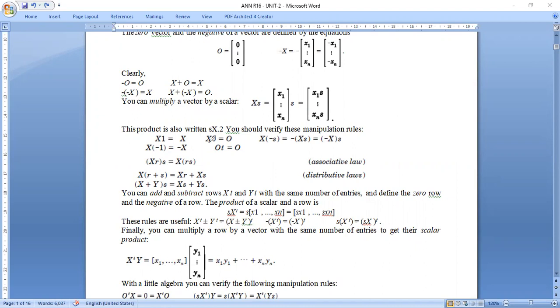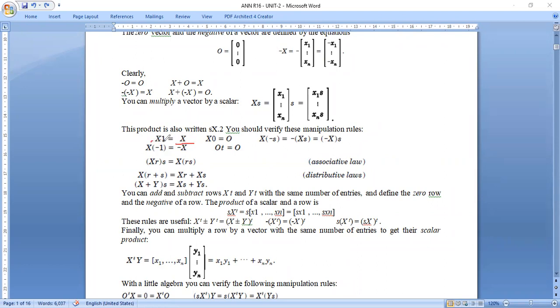And now we have some other manipulation rules in vectors. First one: x into 1 equals x. Suppose the x vector is multiplied with 1. What is the resultant vector? That is also x.